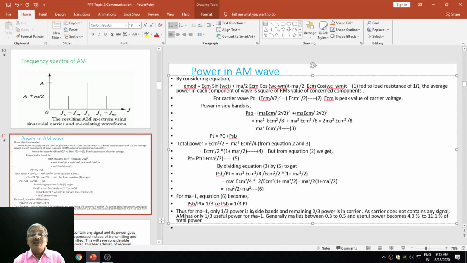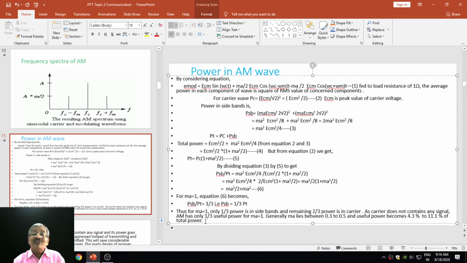Friends, today we will stop here only, where we studied how power is distributed in the amplitude modulated wave and in which frequency band the communicable signal is present. That is, in the upper sideband as well as in the lower sideband signal is present, whereas in the carrier wave no information, no signal is present.